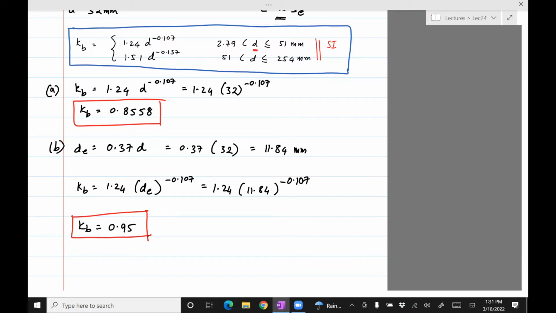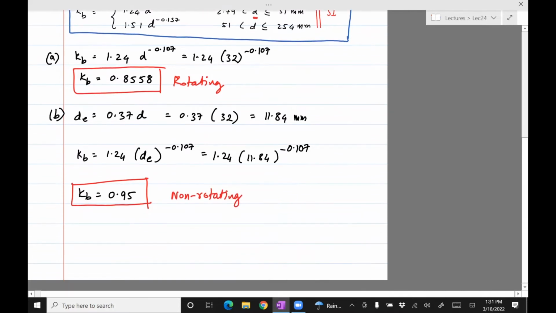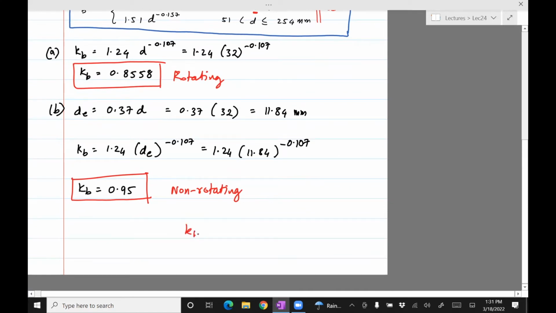Okay, so what's going on here? Well, KB for rotating, this is rotating, and this is non-rotating. So you can see that KB for case B is greater than KB for case A. In other words, if you are not rotating the specimen, it'll have a higher endurance strength because the KB is greater than for rotating.